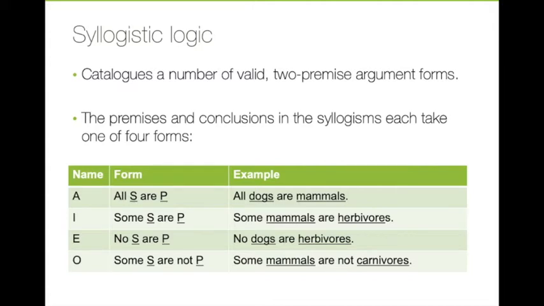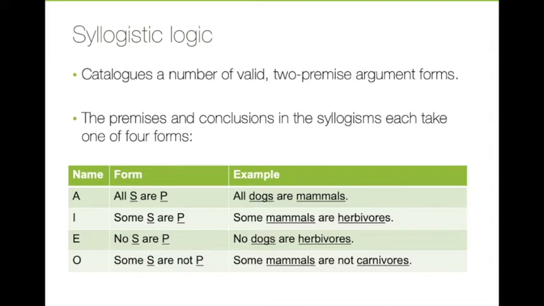So syllogistic logic catalogs a number of valid two-premise argument forms called syllogisms. Each syllogism is constructed from the following four statement forms. So the first is called A, very simple name, and the form is all S are P, so that would be something like all dogs are mammals.